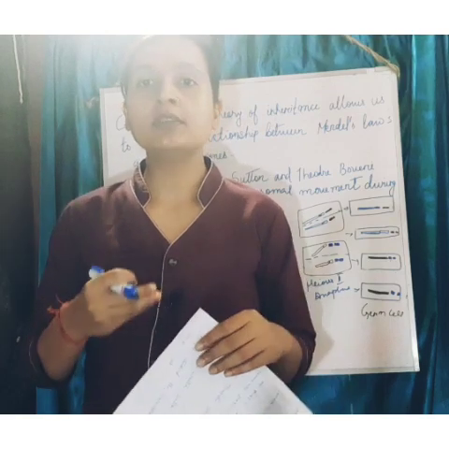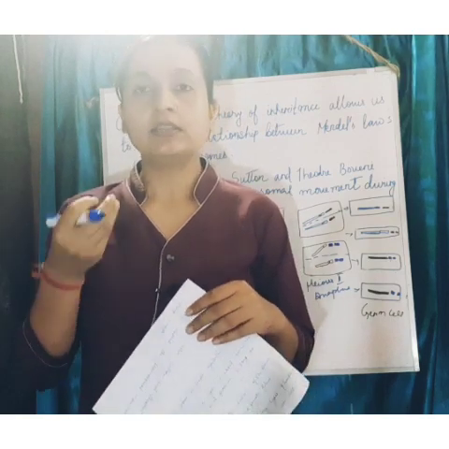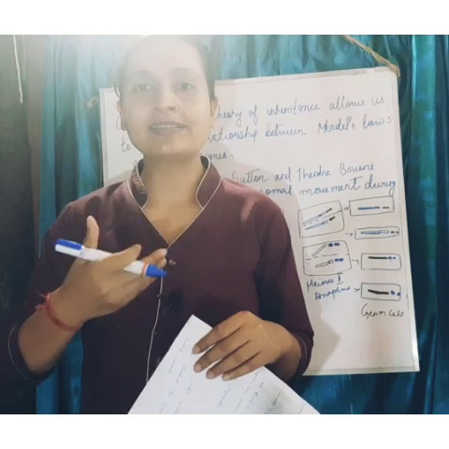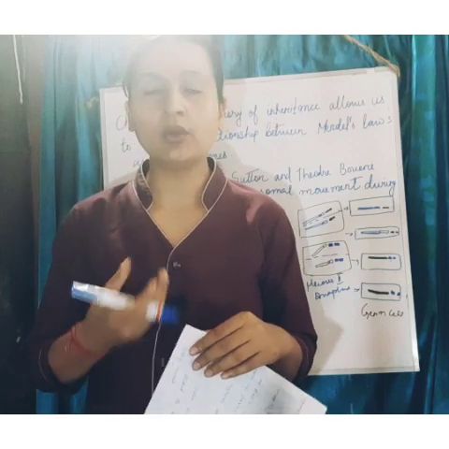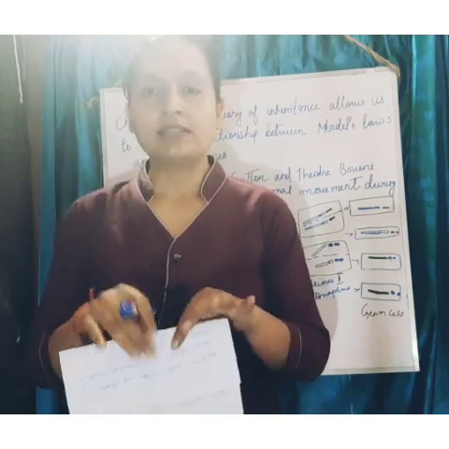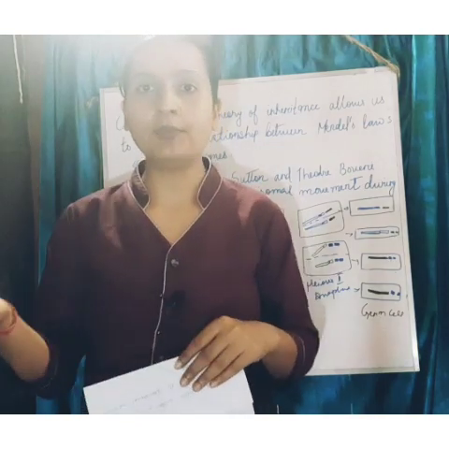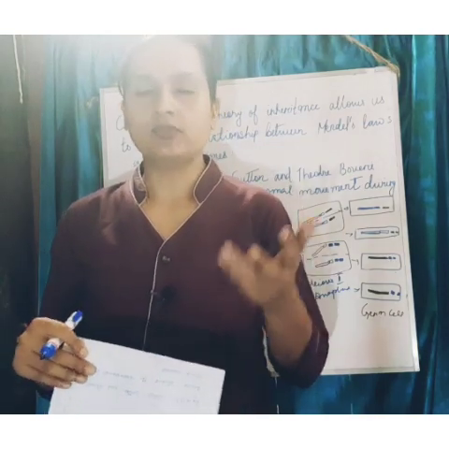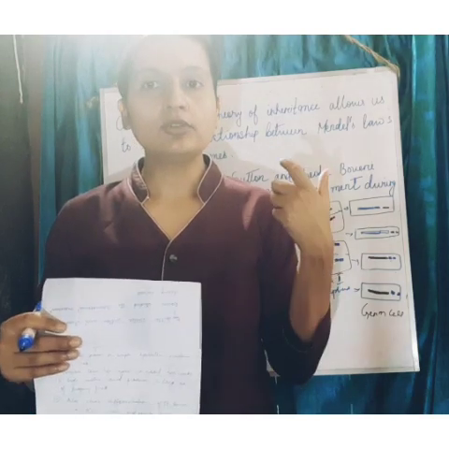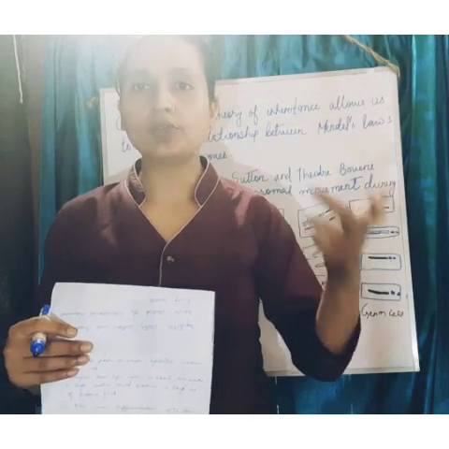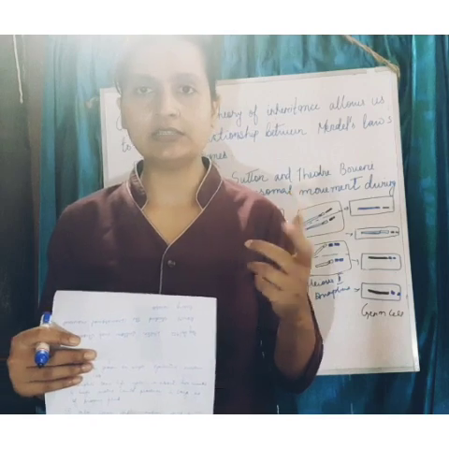Now what does it mean? It means that the traits carried by the gene or the chromosome are not dependent on each other. They can pair up with any other character. Suppose in your parents, tall and white skin color is dominant.